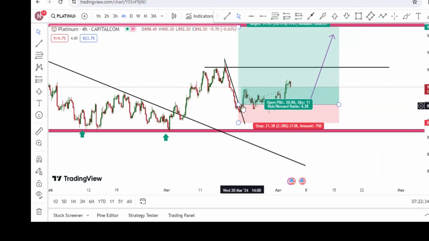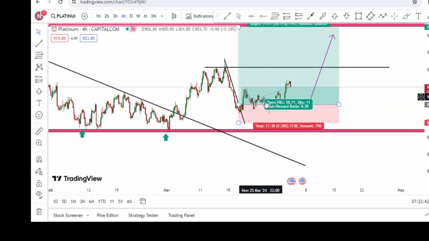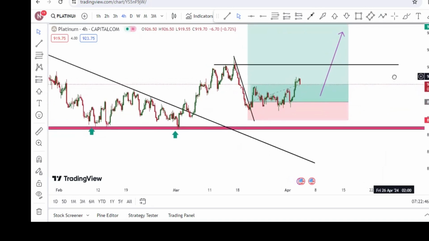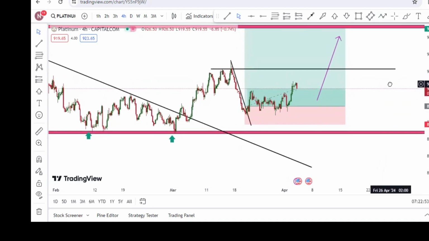When the market broke above this red line, I entered the trade here, and for almost a week plus, the market has been retracing a couple of times. So I'm just holding this trade and seeing what will happen.